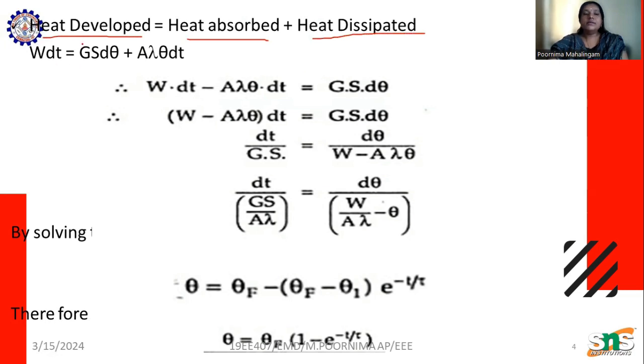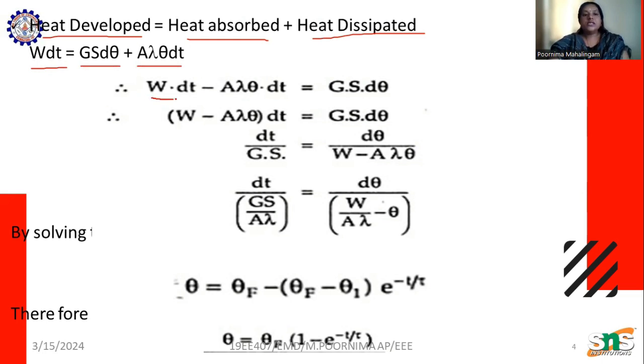What is developed is W dt, that is power with respect to time, the heat absorbed is G S dt, and what is dissipated is A gamma theta dt.